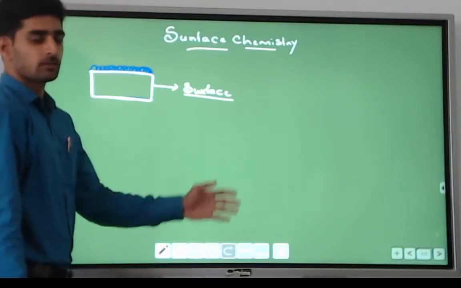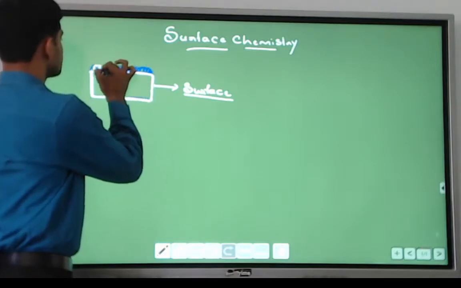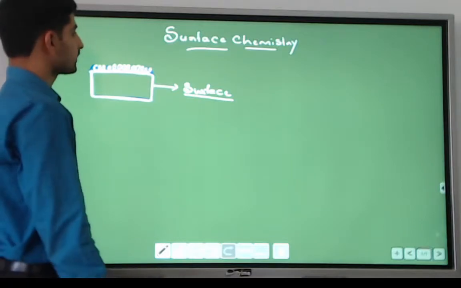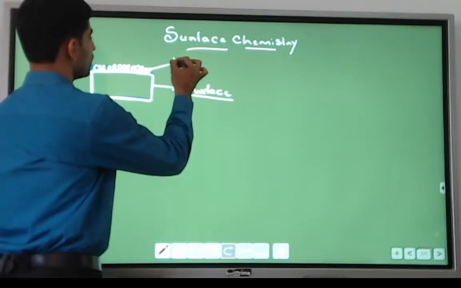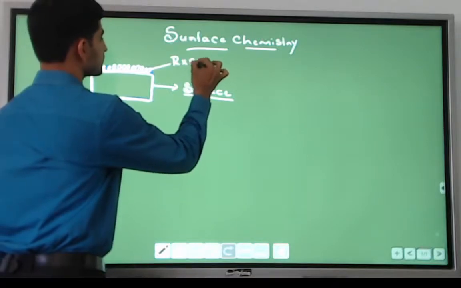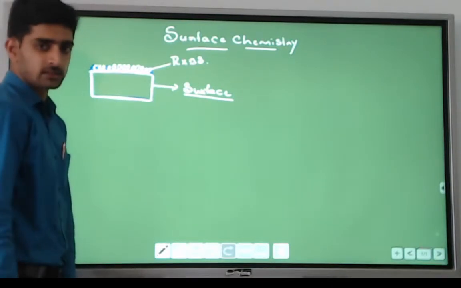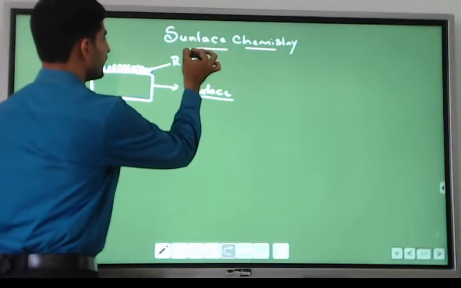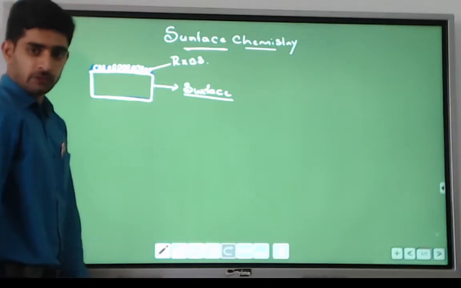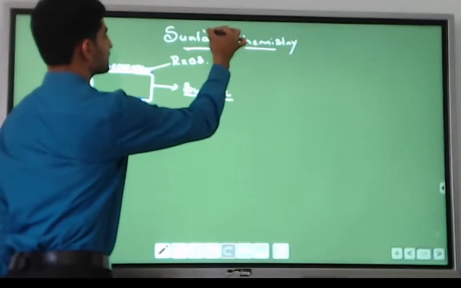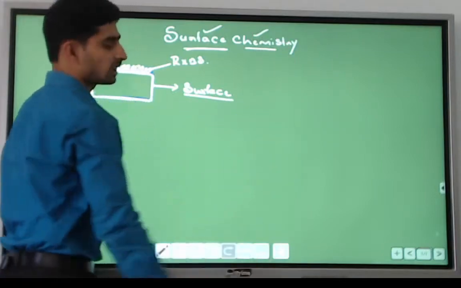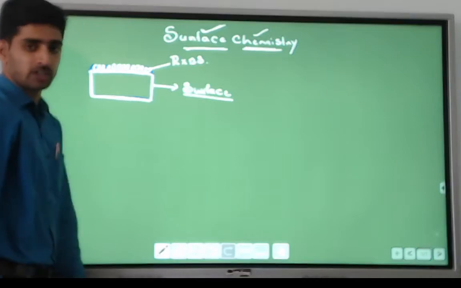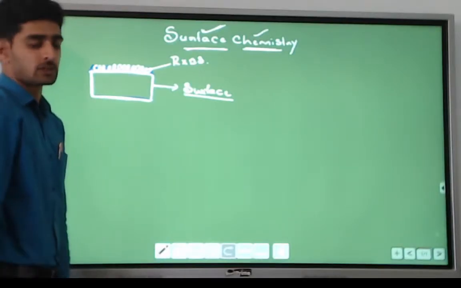Now on this surface, what is there? Some mesh material made up of wool is out there. You can consider this woolen material as reactions. Now, what is surface chemistry all about? If any reaction is going to take place on the surface of the material, that is called surface chemistry.